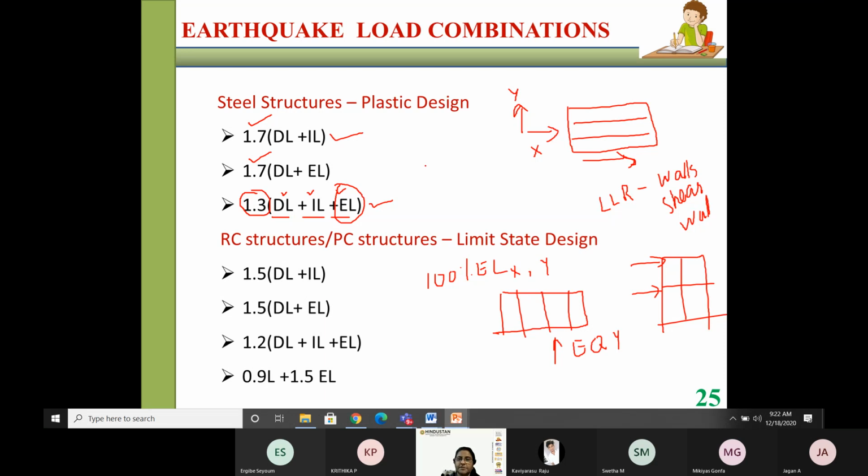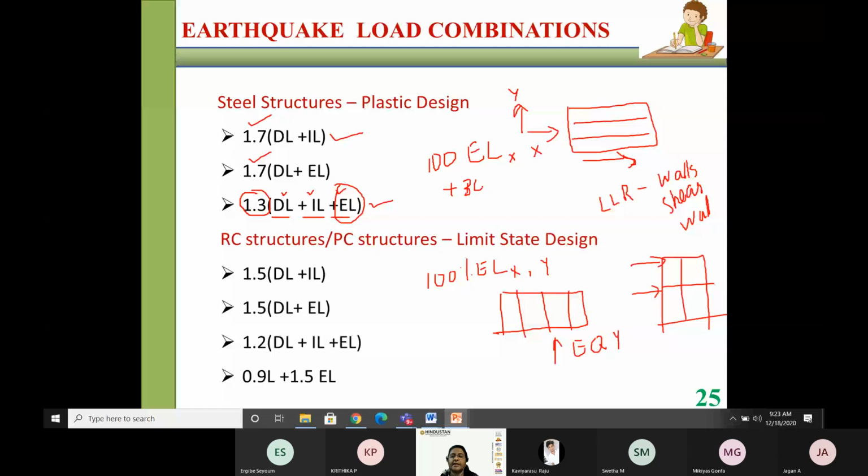Suppose your LLR elements, lateral load resisting elements, are not in an orthogonal direction, not separately in the X and Y directions. If they are in some other directions, not completely in the orthogonal 90-degree X and Y directions, or if they are provided exactly the same way in the X direction as well as the Y direction, then you have to consider 100% earthquake load in the X direction plus 30% of the earthquake load in the Y direction.